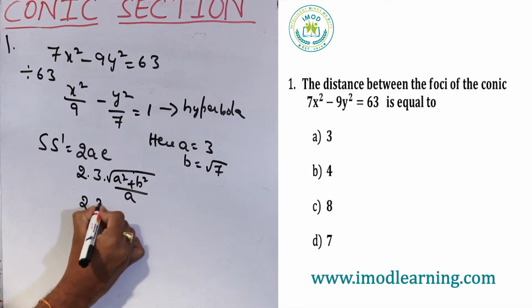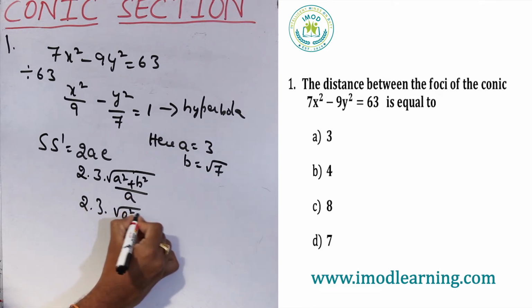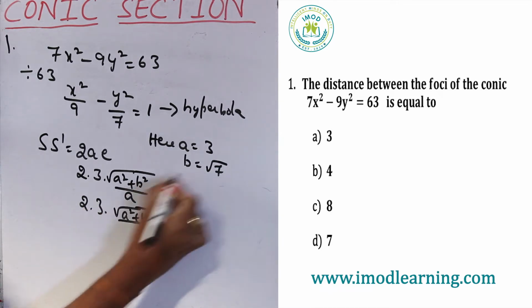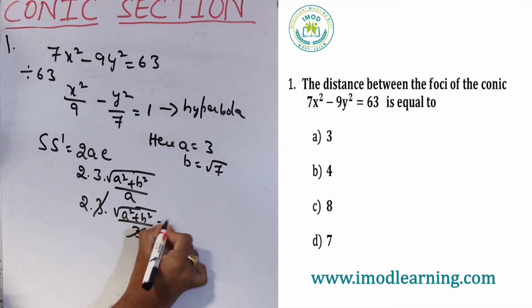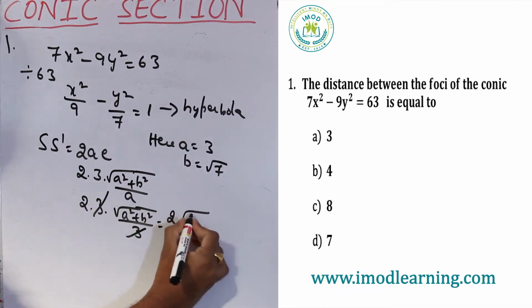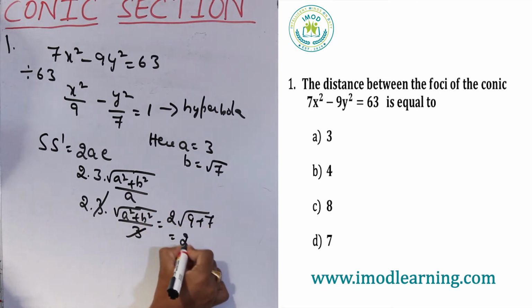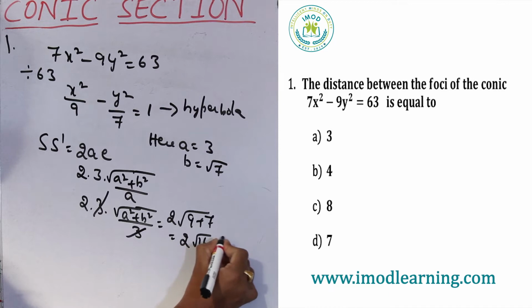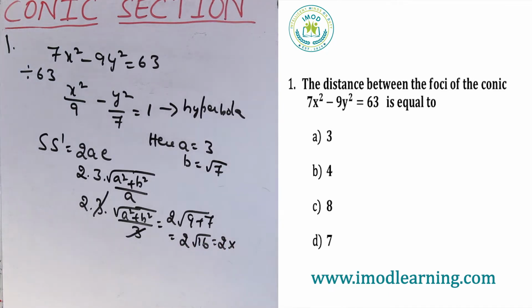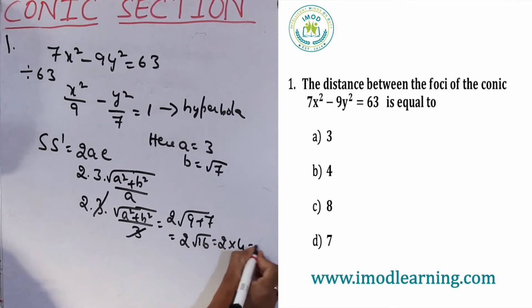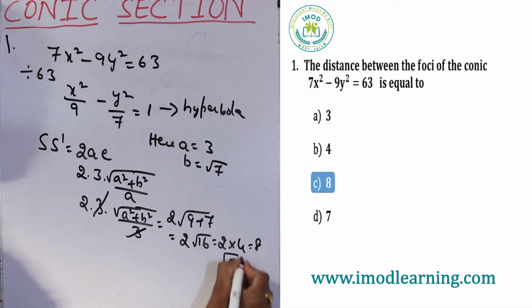So 2 times of 3 into square root of a square plus b square divided by a, which is 3. This part gets cancelled. 2 into square root of a square 9 plus b square 7, which is equal to 2 into square root of 16, which is 2 into 4, which is equal to 8. Answer is C.